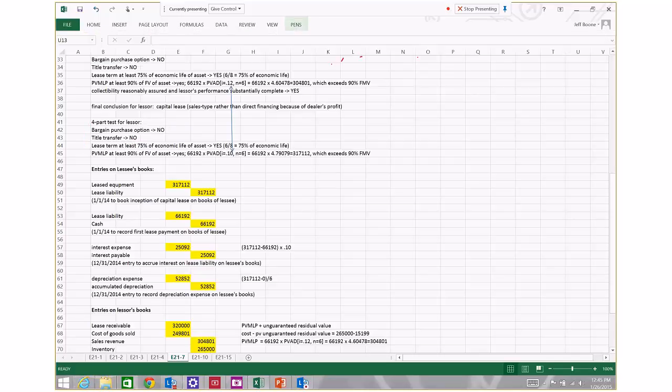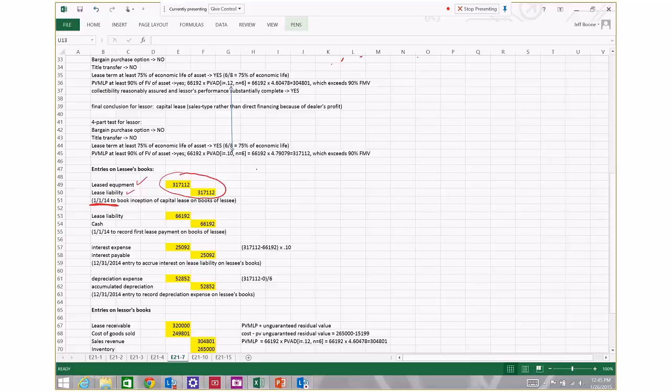Okay, so the entry on the lessee's books, which of course is made the day they enter into the lease agreement, January 1st, 2014, is to debit leased equipment and credit lease liability for the present value of the minimum lease payments. The present value of the minimum lease payments here for the lessee is calculated as follows.